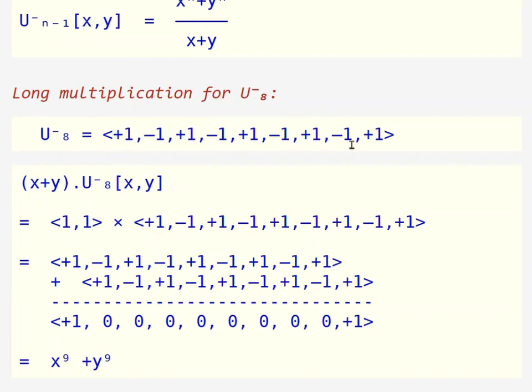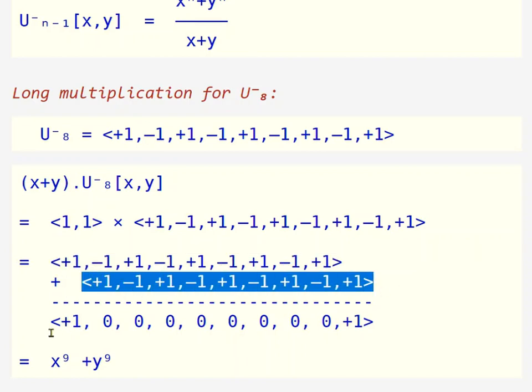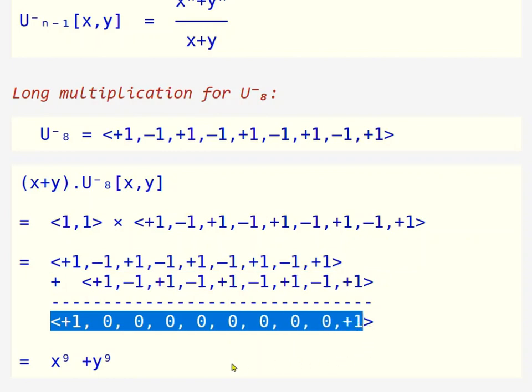Now the number of terms in a Biser is always the power plus 1. So here we've got 0, 1, 2, 3, 4, 5, 6, 7, 8, starting from 0 up to 8. If we multiply this by x plus y, it's like 1, 1. So 1, 1 times this, and this gives a total of this.